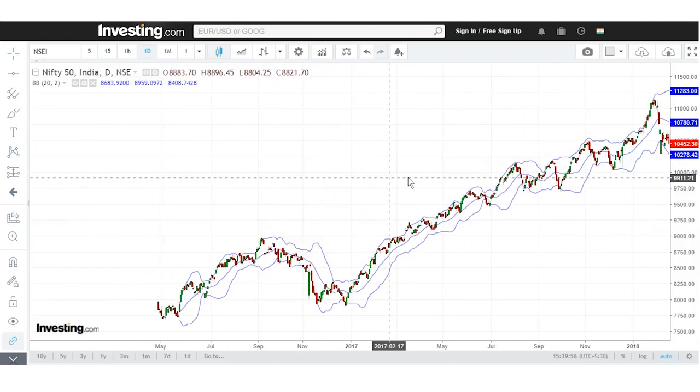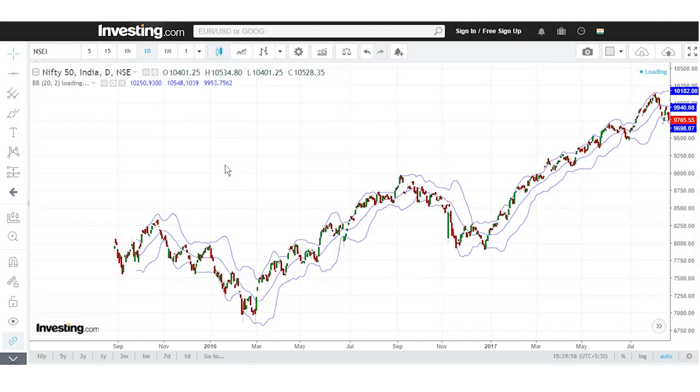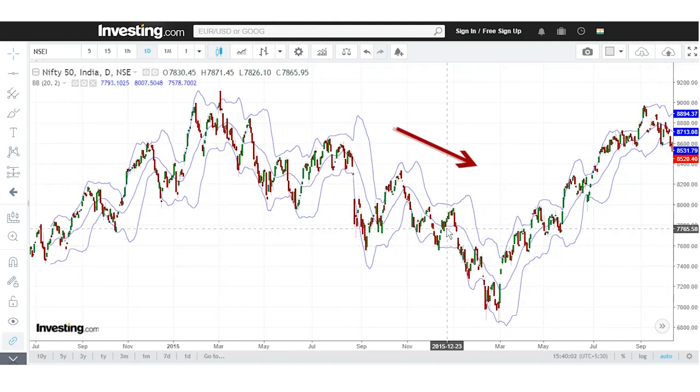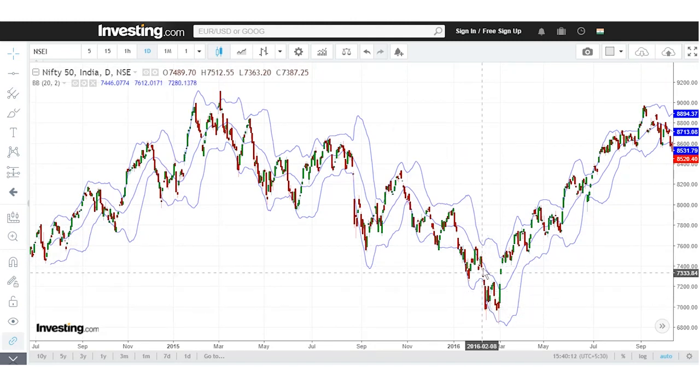Now, let us look at the period when Nifty was in a downtrend. Here also we could see that the mid Bollinger line acted as resistance and eventually the price went down.